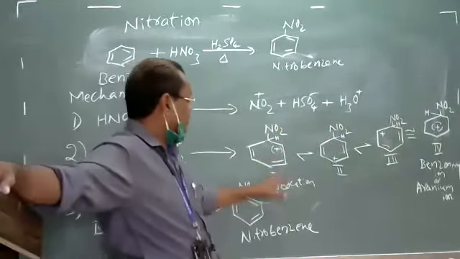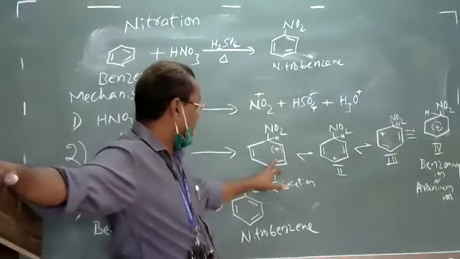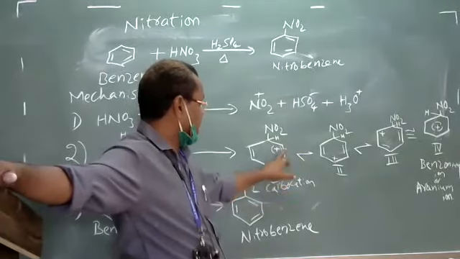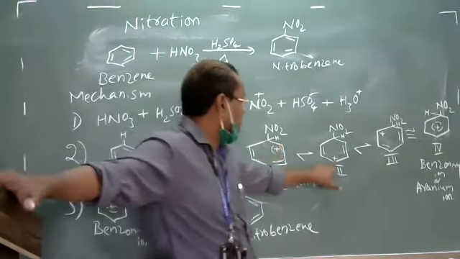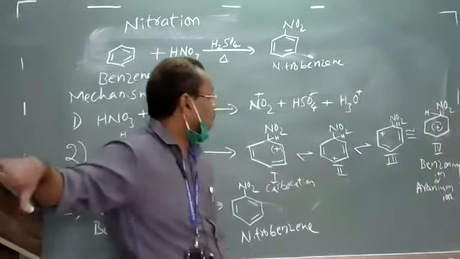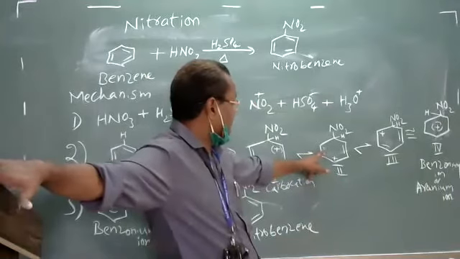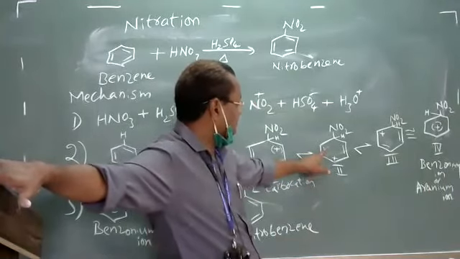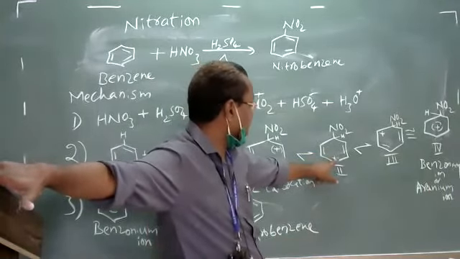And this carbocation undergoes the resonance effect. That is, the movement of pi electrons takes place from these two carbons to these two carbons, and the positive charge will shift from this carbon to this carbon, which leads to structure 2. And this structure 2 also undergoes the resonance effect, where there is a movement of these pi electrons from here to here, and the positive charge will shift from here to here.